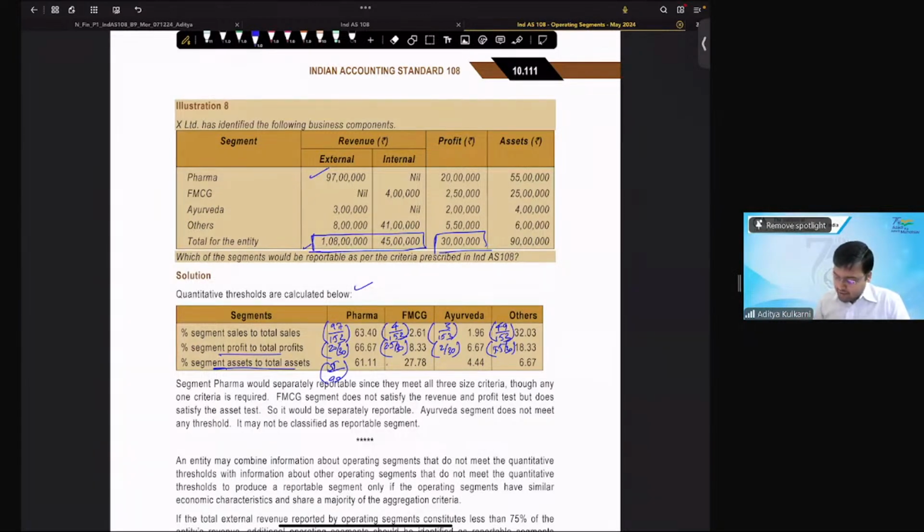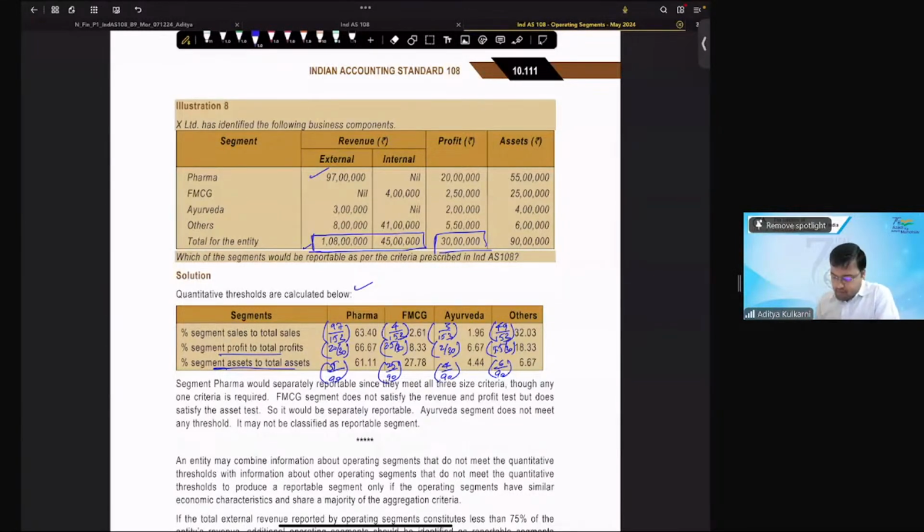Then 25 by 90, 28. Then we are having 4 by 90. Then we are having 6 by 90, 6 by 90. Is it okay? Did you understand the overall categorizations?